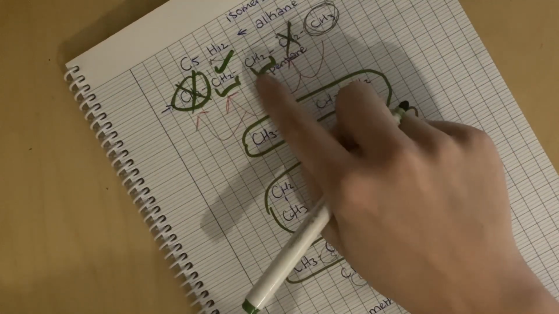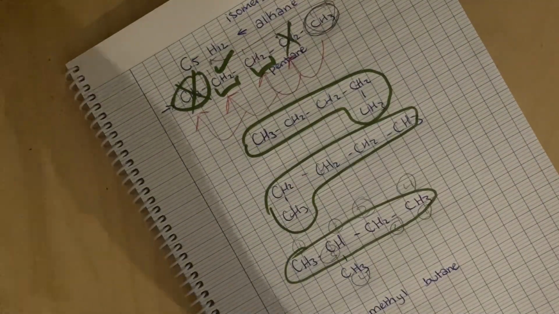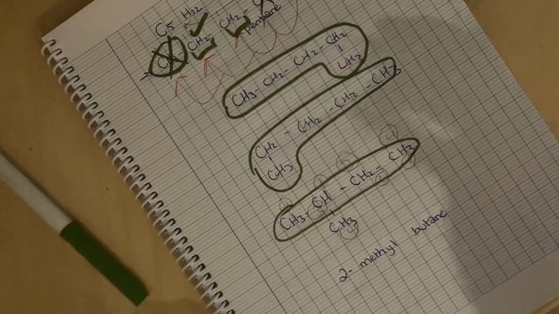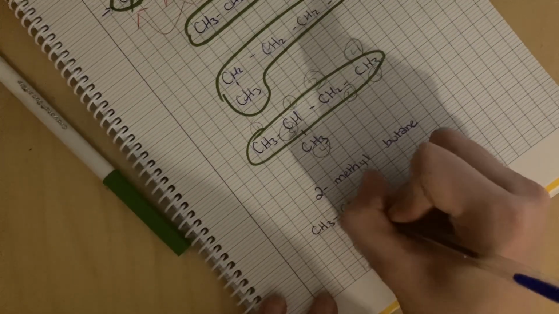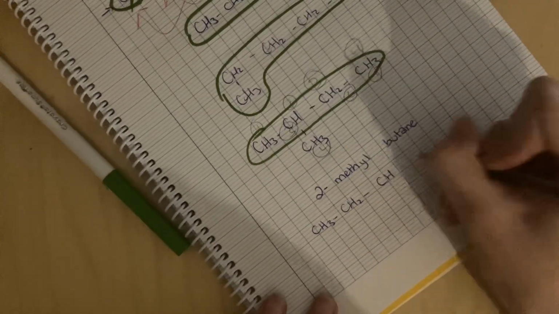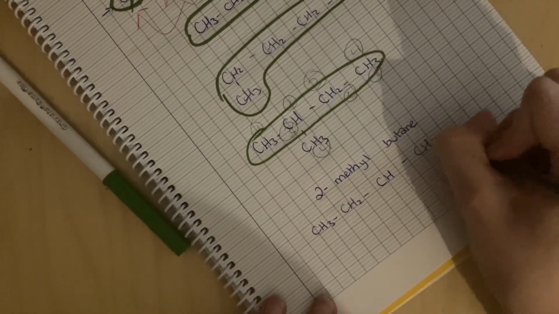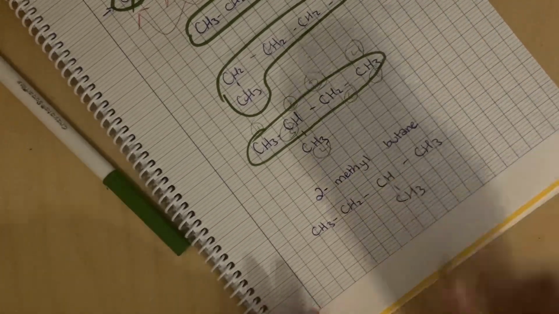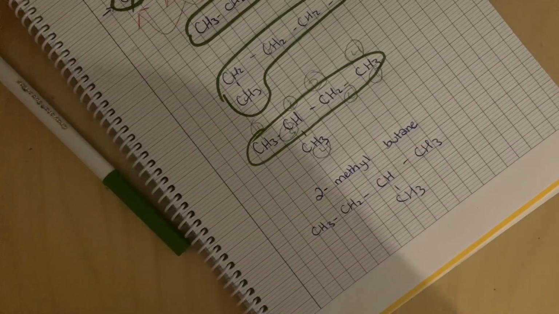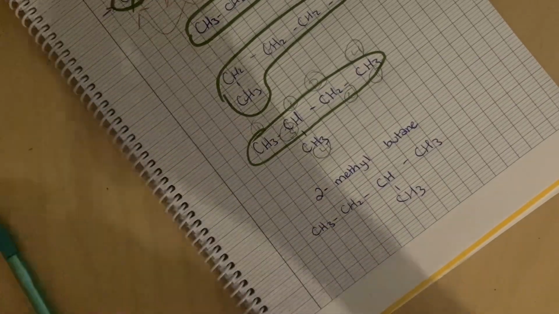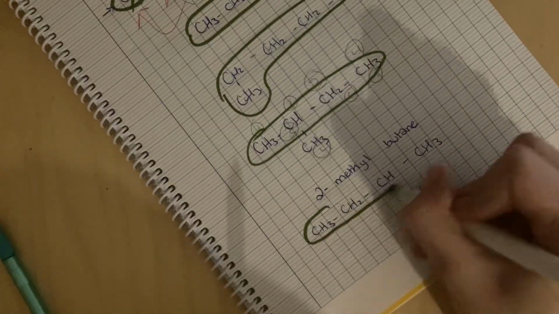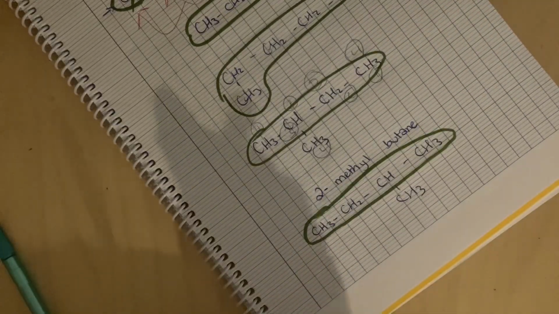Now if we try and move it to here, we get something that looks like this: CH3, CH2, CH, CH3, CH3. Can you tell why this might be right or why it might be wrong? Let's start. We're going to identify that this is the main chain, okay? And then we're going to count.